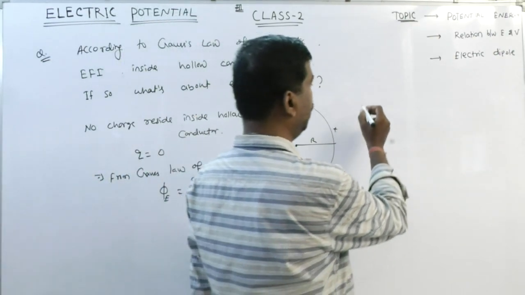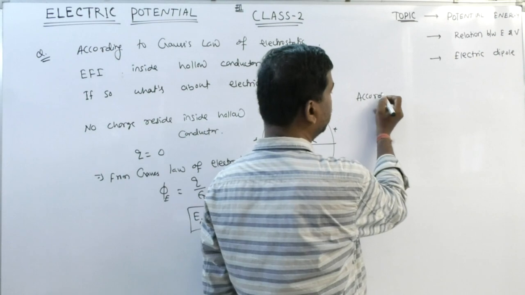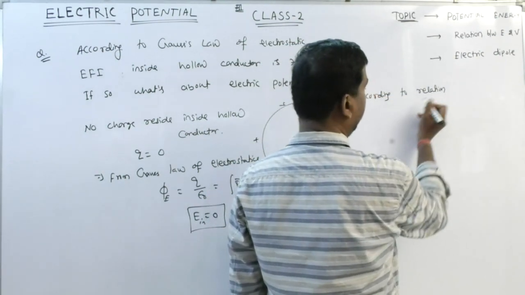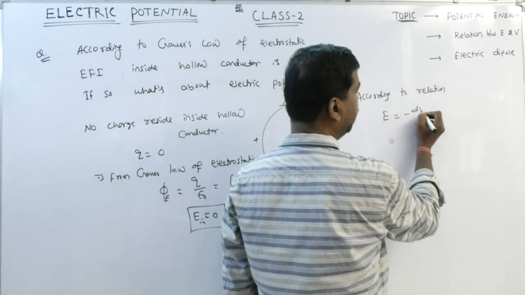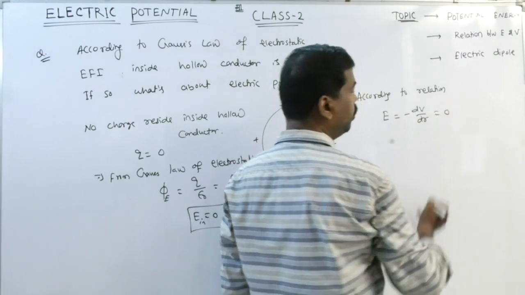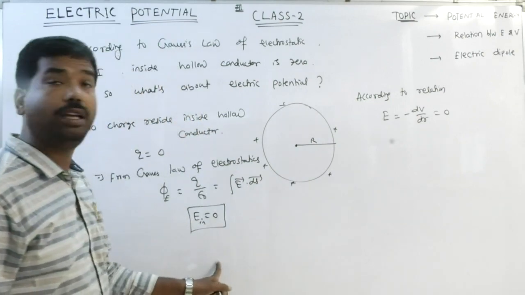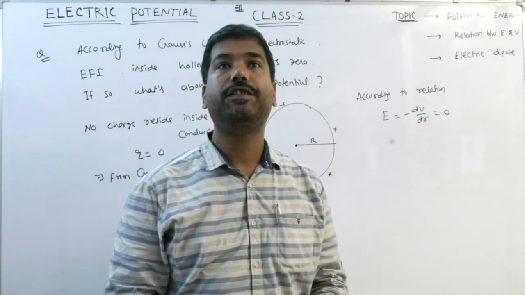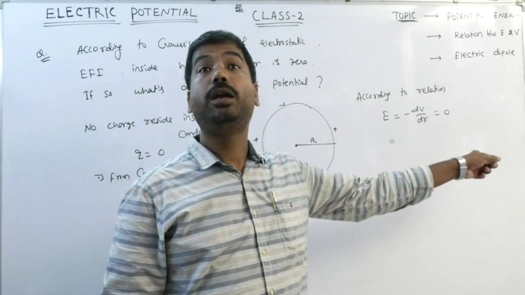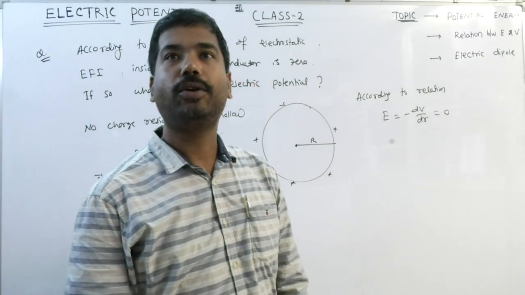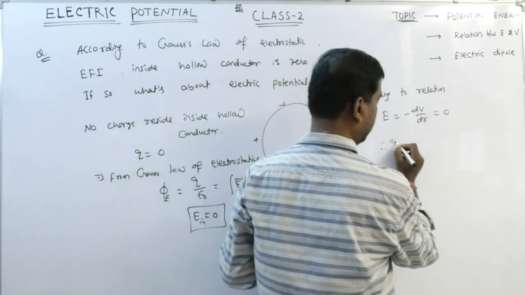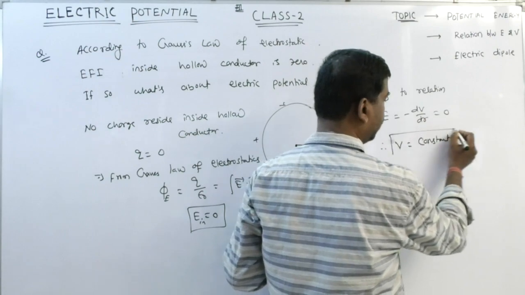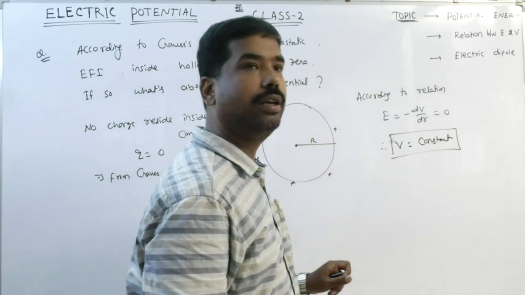But according to the relation, E is equal to minus dV by dr is equal to 0, because the electric field inside is 0. Hence dV by dr is 0. Whenever the derivative of a physical quantity is 0, that quantity is constant. That's why V, the electric potential, is constant.